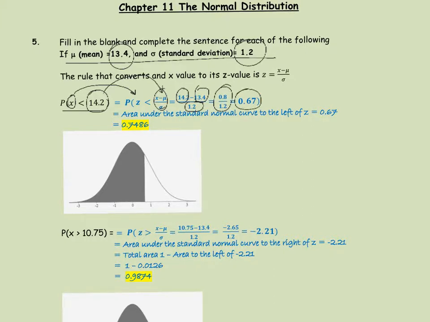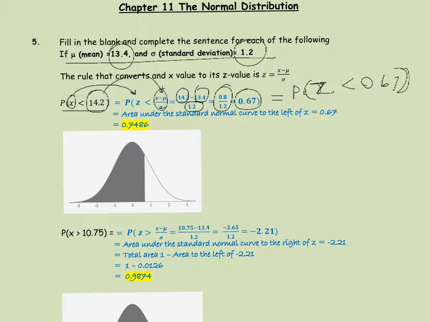So basically what this says is that the probability that x is less than 14.2 is the same as saying that z is less than 0.67.